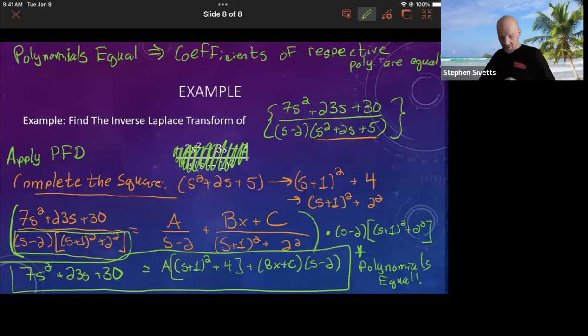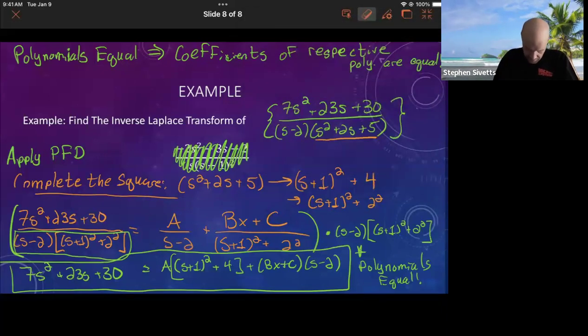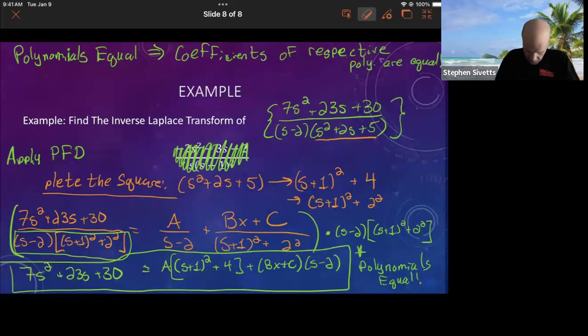It's pretty cool. So we're going to use that to solve for the constants capital A, B, and C. All right. Get ready for some really intense work. Okay.